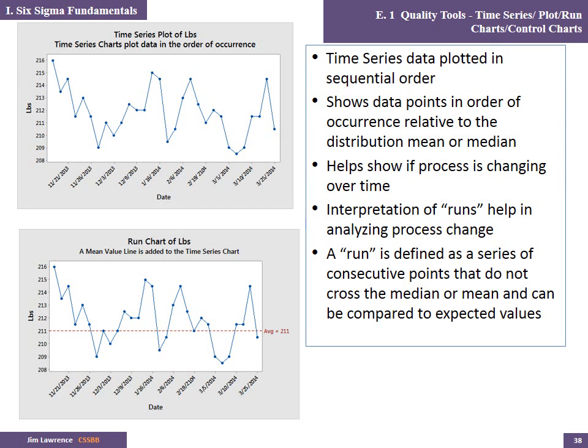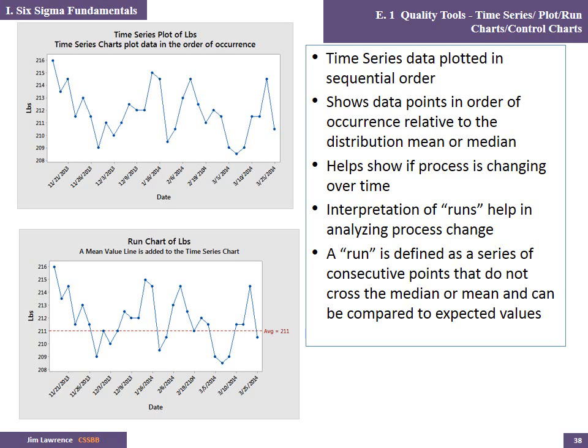Now we'll go over, under basic quality tools, control charts, which is really time series plots and run charts. Control charts are basically the same type of chart with varying levels and different kinds of information. Time series plots plot data in sequential order.